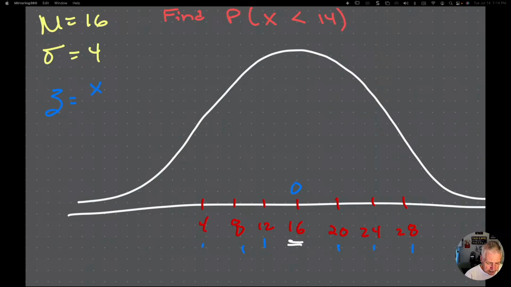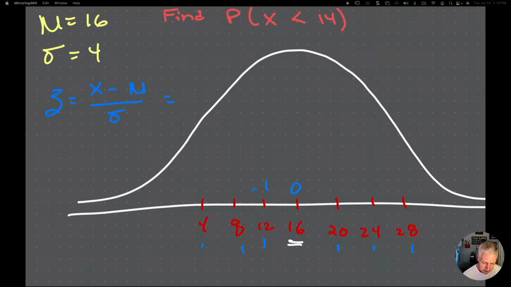Z equals x subtract mu divided by sigma. And I'm going to take this 12. So I've got equals 12 subtract 16 divided by 4. Minus 4 divided by 4 equals minus 1. So we're at minus 1 right there. No problem. I'll do one more and then I'll just write the rest of them in.